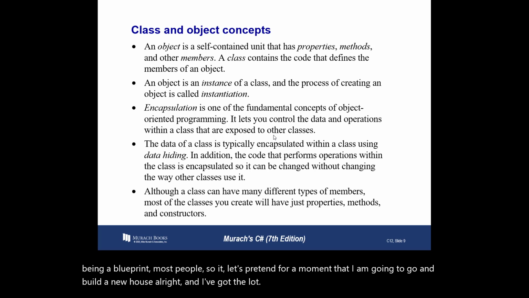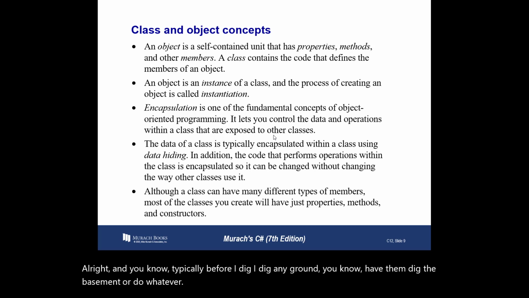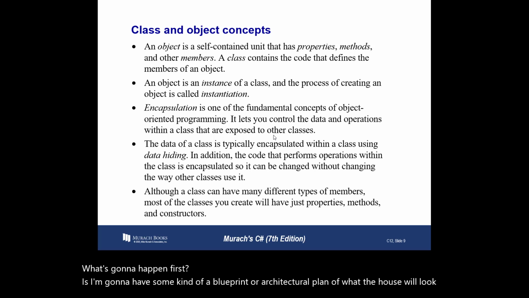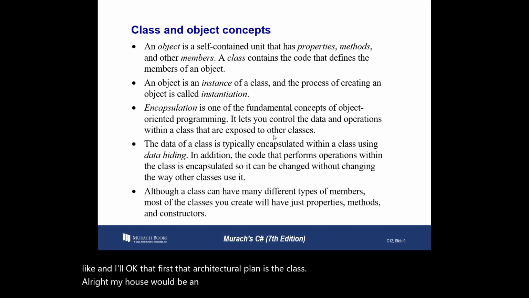Typically before I dig any ground or have them dig the basement, what's going to happen first is I'm going to have some kind of a blueprint or architectural plan of what the house will look like. And I'll okay that first. That architectural plan is the class. My house would be an example of a house object. So it would be an instance of that house class.